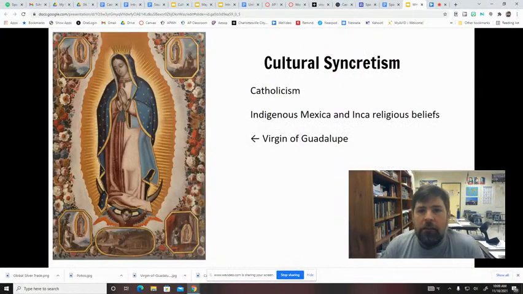And then finally, another example of cultural syncretism is how did Christianity change when it came to the Americas? The Spanish were Catholics, and when they came to Latin America, they brought their Catholicism and started converting indigenous Americans to Catholicism. And aspects of traditional Inca and Aztec religious beliefs are going to merge with Catholicism and create a new syncretic faith.